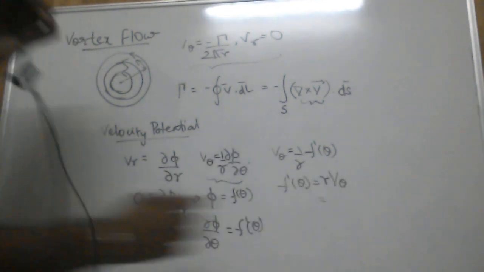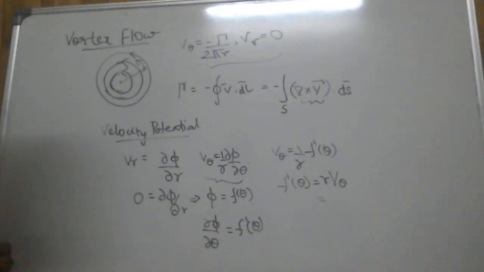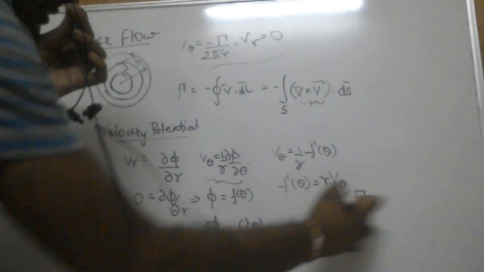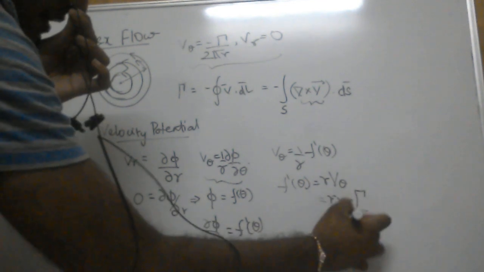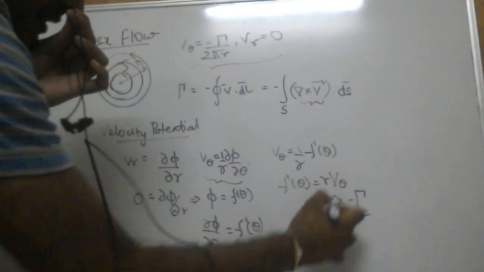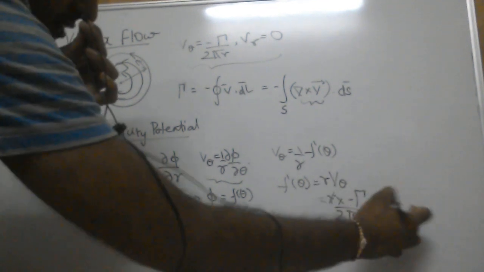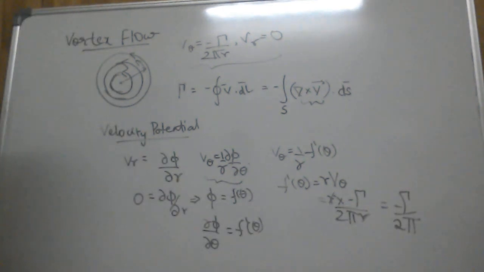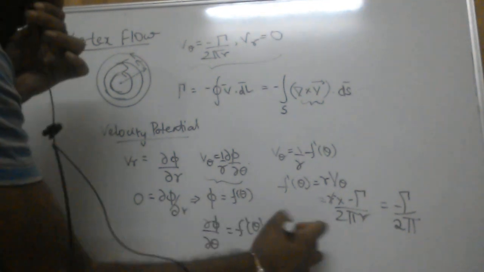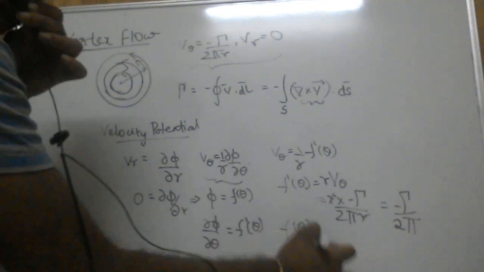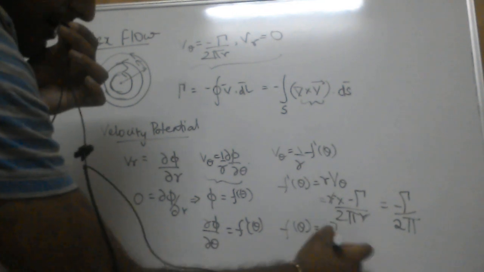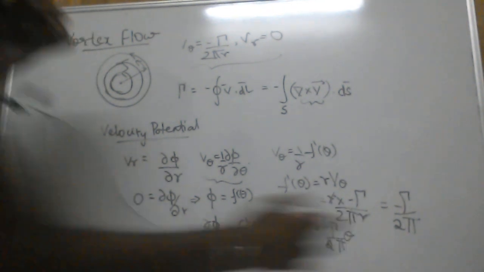Now we know what V theta is, which is minus gamma by 2 pi r. So this is going to give me r into minus gamma by 2 pi r. The r and r get cancelled, which leaves us with minus gamma by 2 pi. Now on integrating this equation, we would get f of theta is minus gamma by 2 pi into theta.